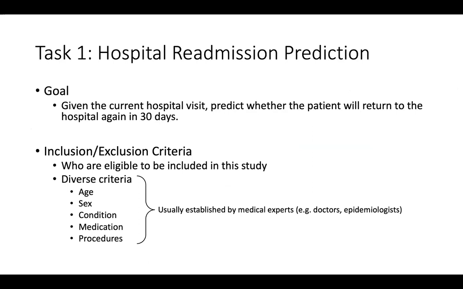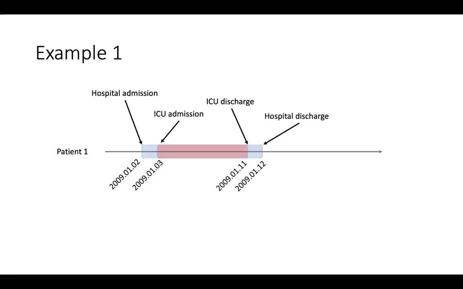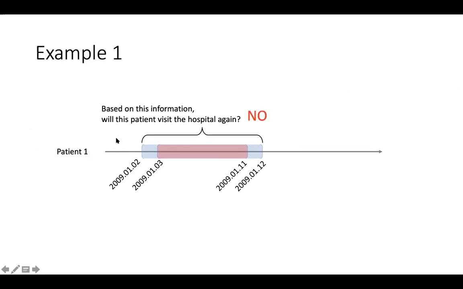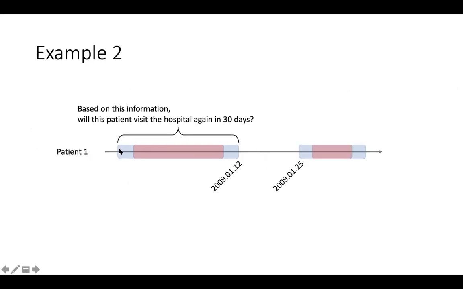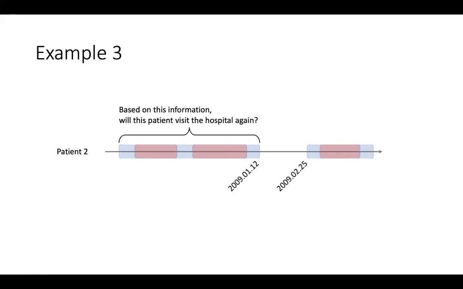So Y given X. This is a conditional probability, a conditional, discriminative prediction: predicting Y given X, and X should be this entire record. For this patient, we use this entire information to try to predict the positive label.